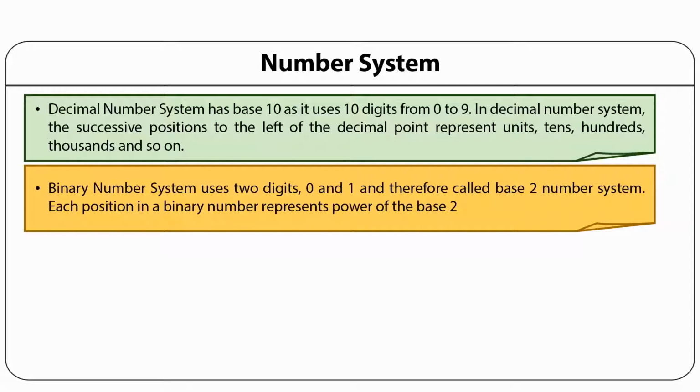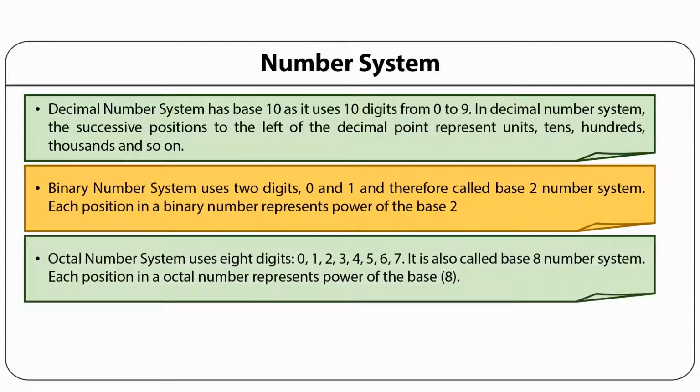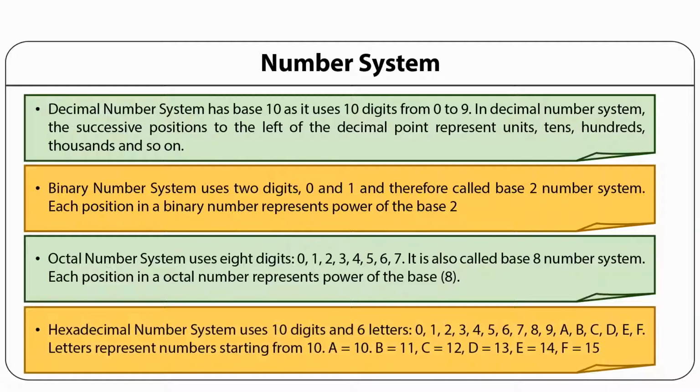Another number system we use is the octal number system, which uses 8 digits, that is from 0 to 7: 0, 1, 2, 3, 4, 5, 6, 7. It is also called the base 8 number system. Each position in an octal number represents a power of the base. Hexadecimal number system uses 10 digits and 6 letters, that is in total 16.